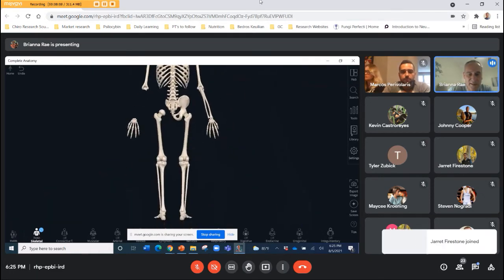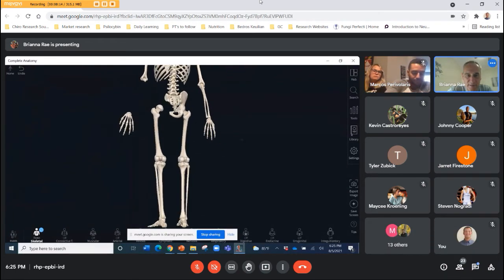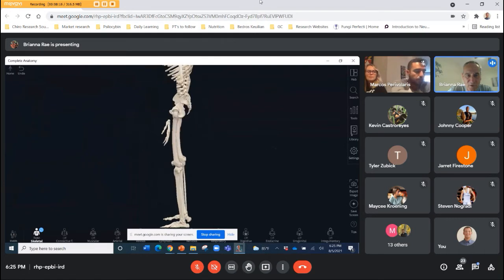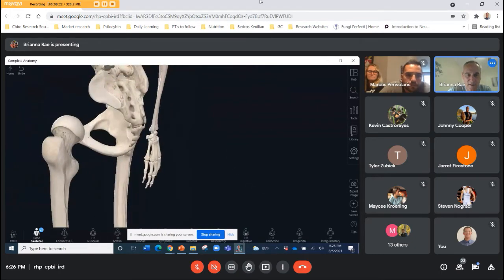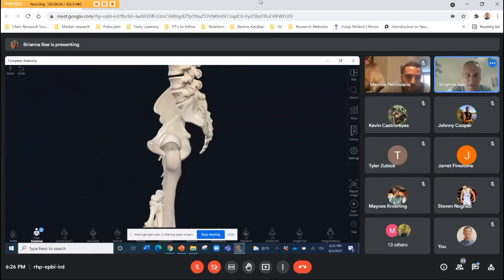I wish I could get these bones to move so you could see that actually happening. Also look at how far anterior the head of the femur is to the SI joint.